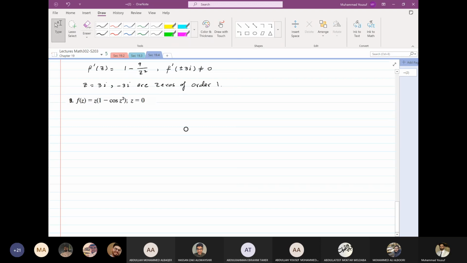When z is 0, f of 0 is 0. First thing to make sure that z equal to 0 is a 0, we check that function is 0 when you put z equal to 0. But what is order?